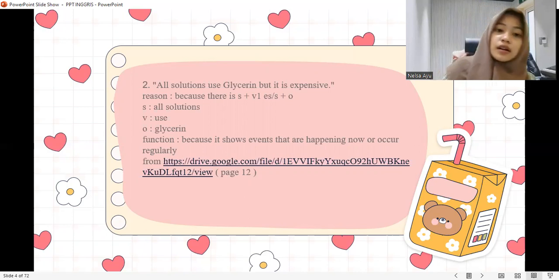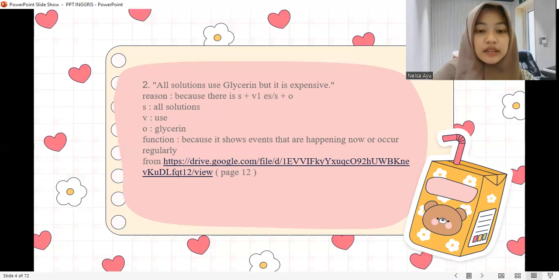Function, because it show events that are happening now or occur regularly. For the reference, you can see the reference on the screen, right?